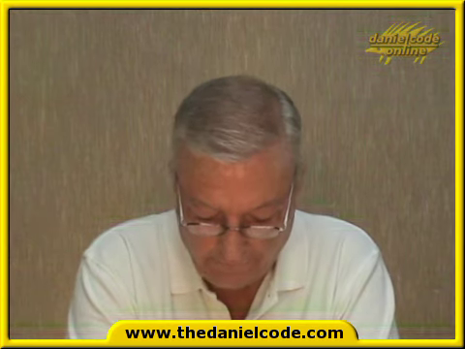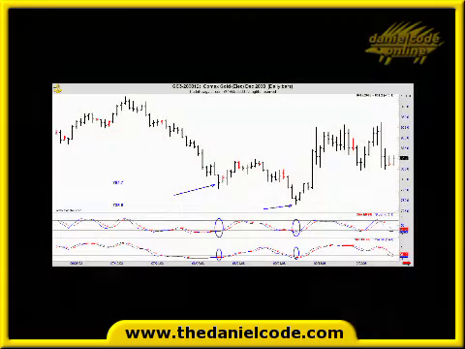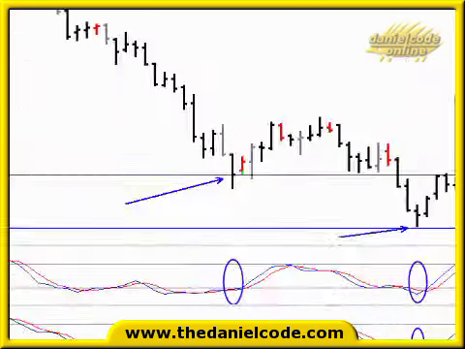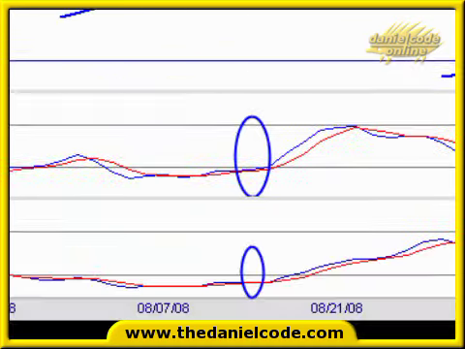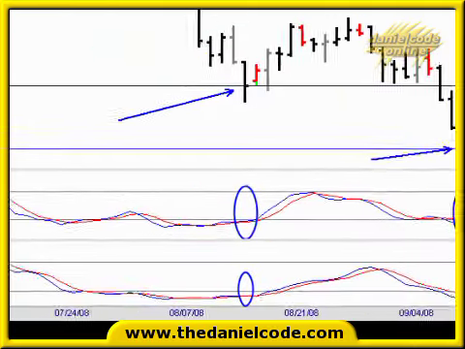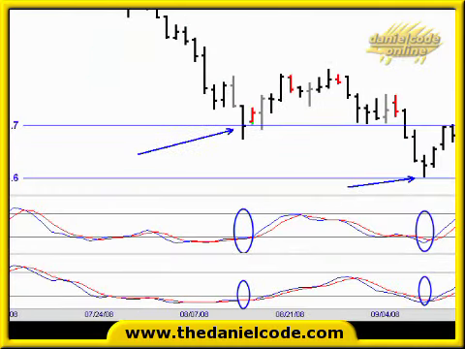So just looking at our first blue arrow, that's the bar that went through the 791.70 Daniel number, but closed exactly on it, we can see that we've got the Daniel recognition, the market recognizing that Danielcode number by closing on it. And if we look at our two oscillators, our fast oscillator and our slow oscillator, they are both oversold. So that's now giving us a Danielcode setup bar. It's met the rules required.